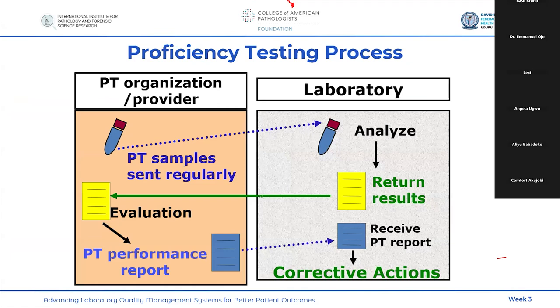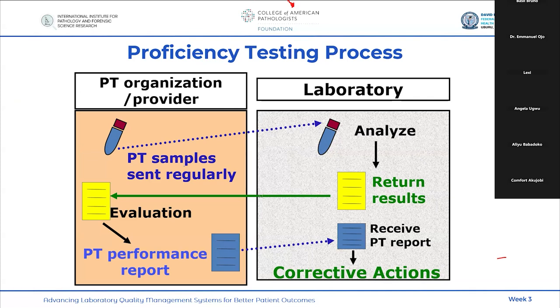And then I'll come back to the main one, which is common, the proficiency testing process. We have two stakeholders, the PT organization or PT provider and the laboratory that is receiving the PT panels. So the PT provider prepares PT panels. An example is the foundation that is supporting this webinar, the College of American Pathologists.